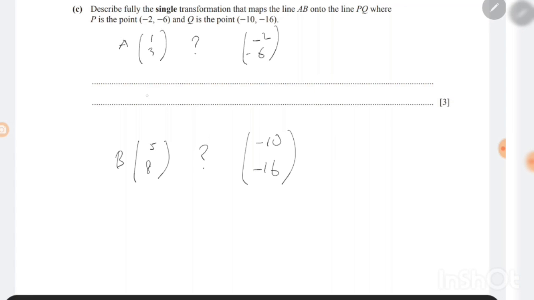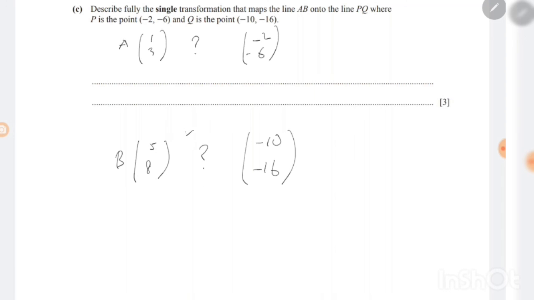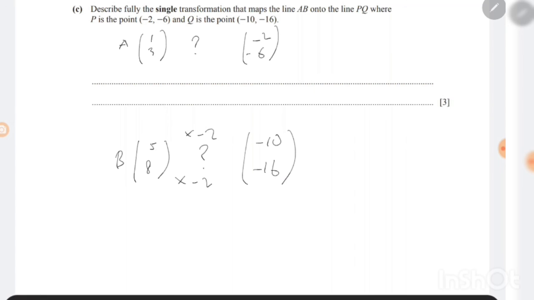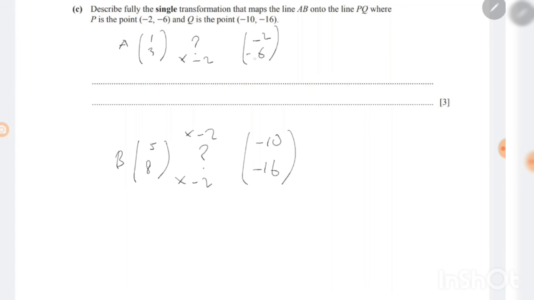Why? Because 1 times negative 2 is negative 2, and 3 times negative 2 is negative 6. It's also the same here: 5 times negative 2 is negative 10, and 8 times negative 2 is negative 16.